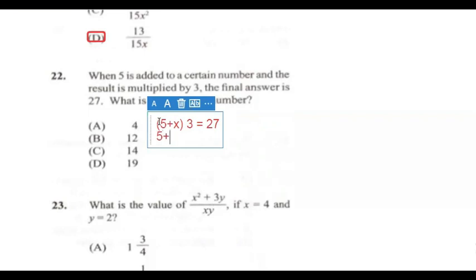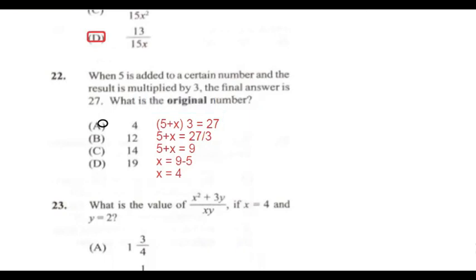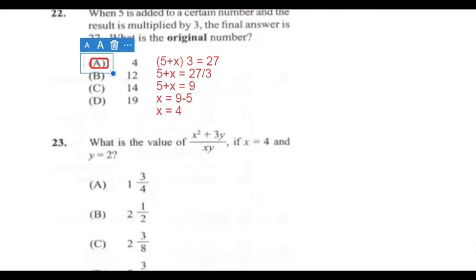Therefore 5 plus x is equal to 27 divided by 3. So 5 plus x is equal to 9, and therefore x is equal to 9 minus 5, and therefore x is equal to 4. Should we now put 4 into the equation? It is 5 plus 4 to give us 9, and 3 nines are 27.